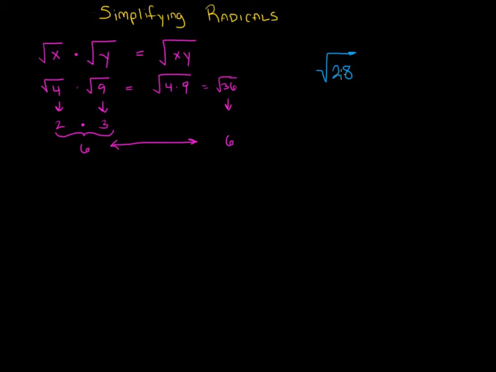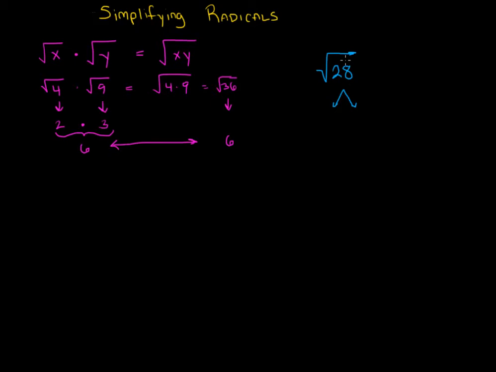So I don't want to do the square root of 28. I want to break up 28 into different factors. And I want to pick a factor that's a perfect square. Preferably, I want to pick the largest perfect square that goes into 28, but you can pick whichever perfect square comes to mind first. I usually want to pick the largest one because it'll be less work, and I'll show you in an example in just a little bit.